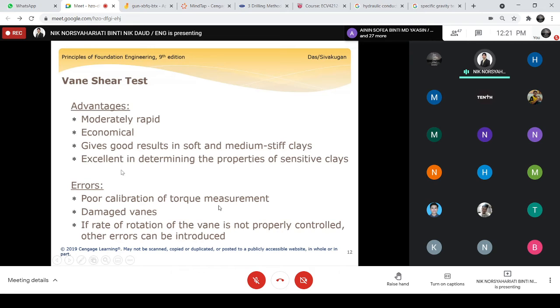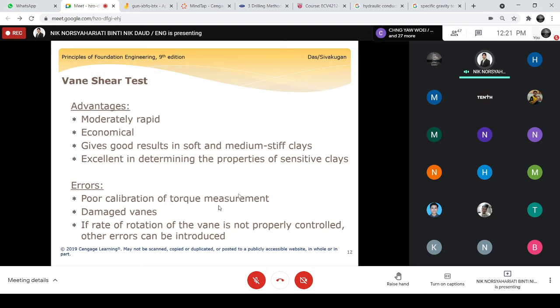Then it gives a good result for soft and medium stiff clay. Even though for the medium stiff clays there might be some hiccups, because it's still categorized as soft soil, you can use a vane shear test. Then it is even better in the sensitive clays, right?